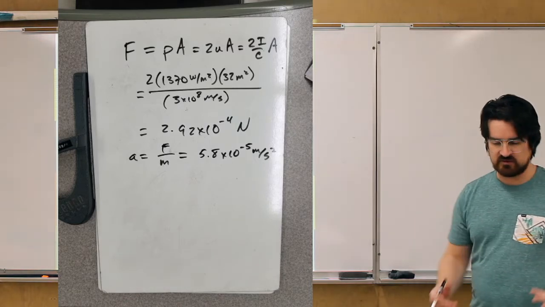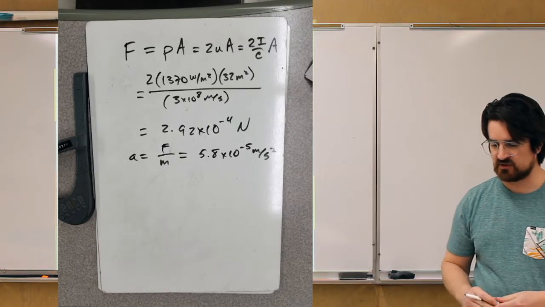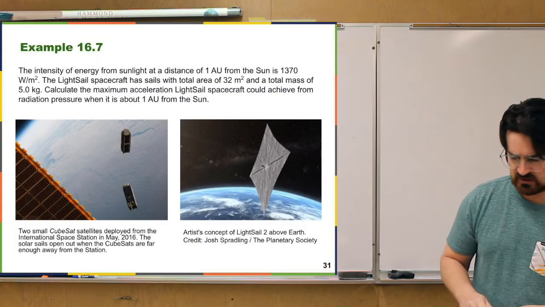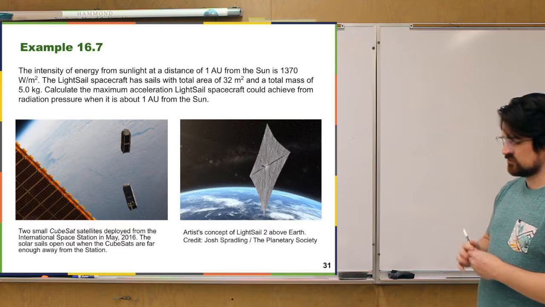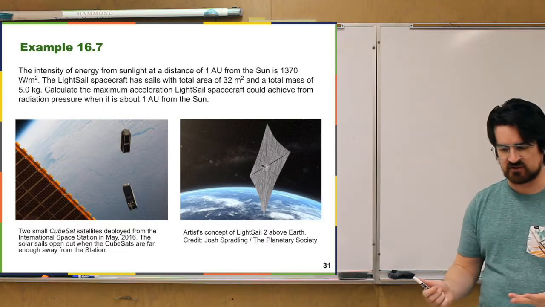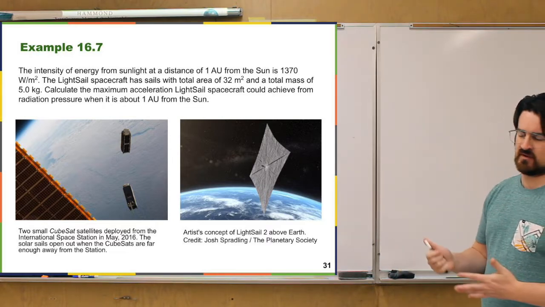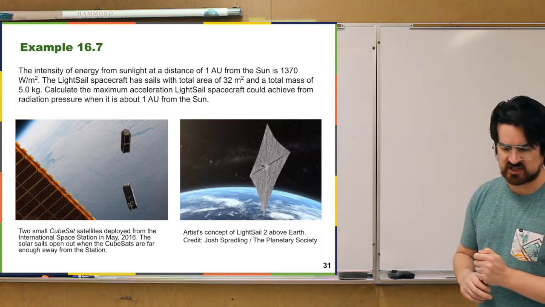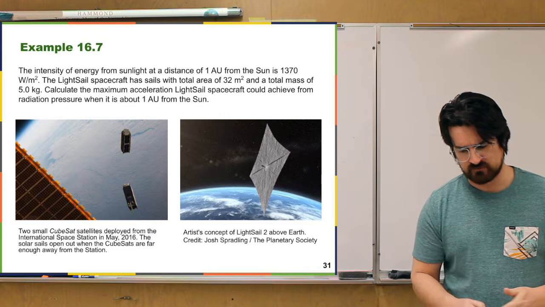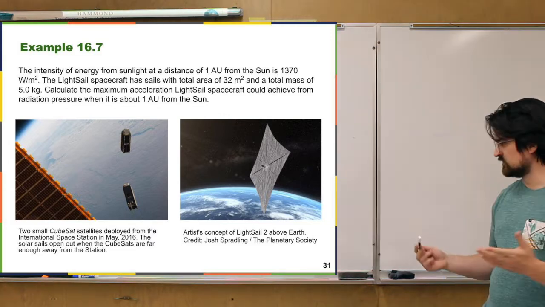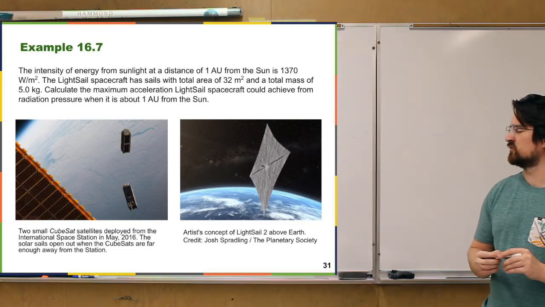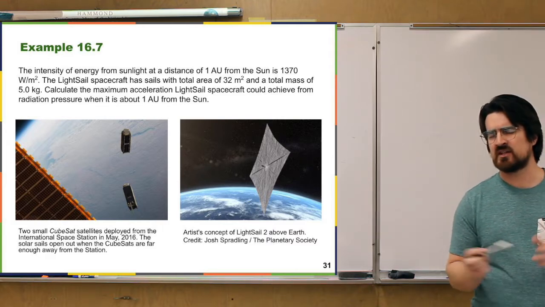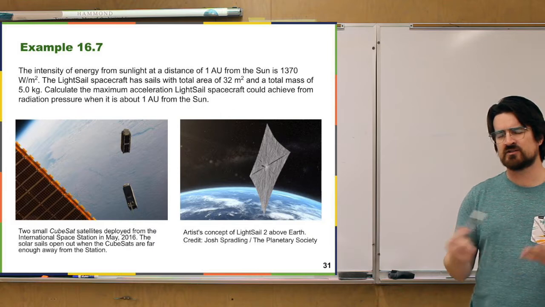The mass is not tiny, it's substantial, so the acceleration is fairly small too. I think the book actually goes through to say that if you had that acceleration for a year, though, you could get up to a speed of like 1,800 meters per second, which is about 4,000 miles an hour. So it's possible to be a useful sort of thing. The fact that they just assume the same pressure exerted over that whole year is a little bit wonky.